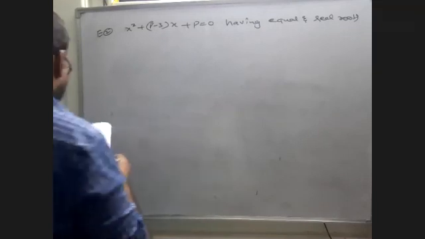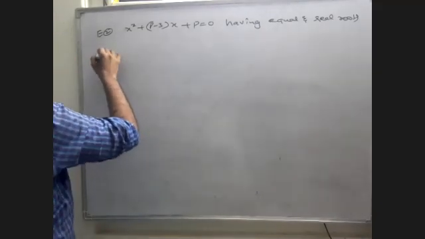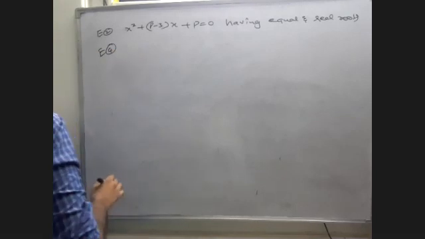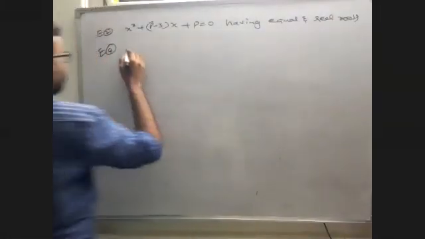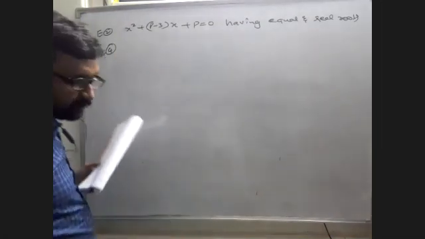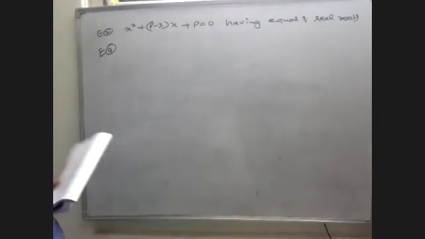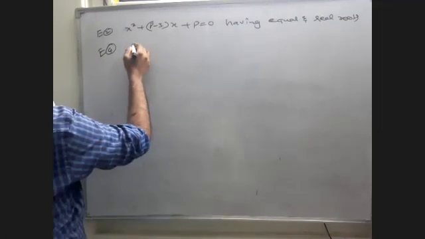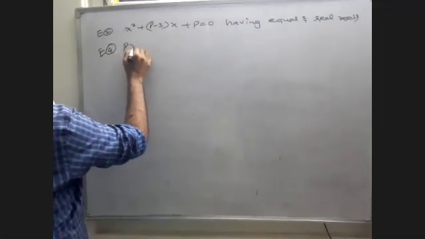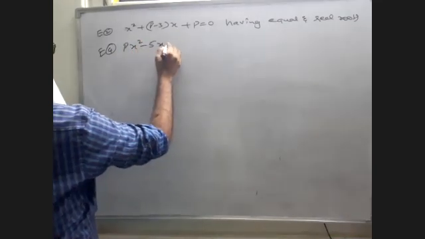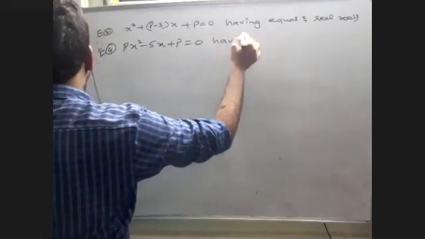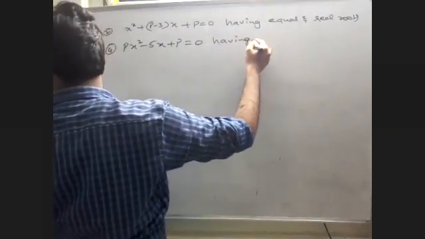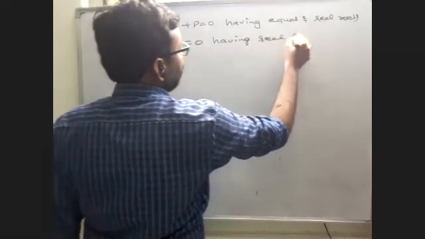Next question, example 3 completed. Example 4. Find the set of values of P for the equation Px square minus 5x plus P equal to 0 having real and equal roots.